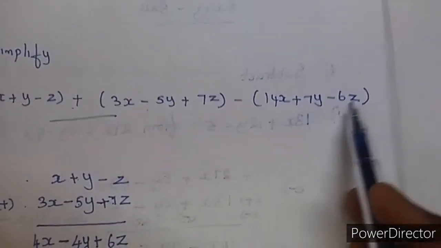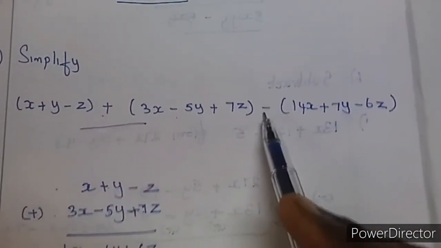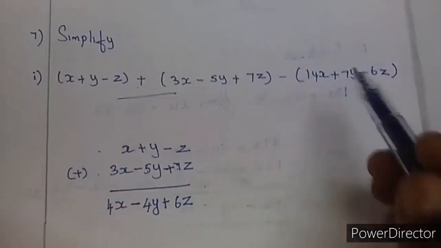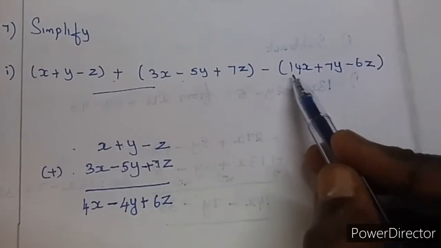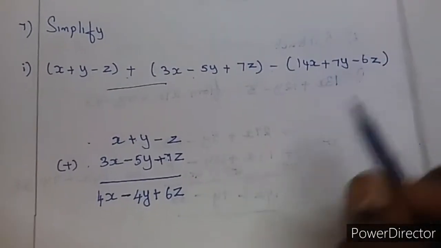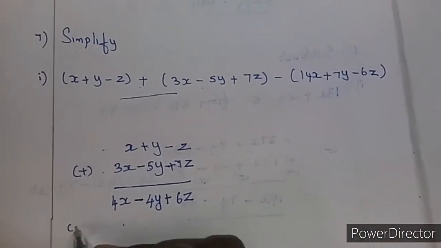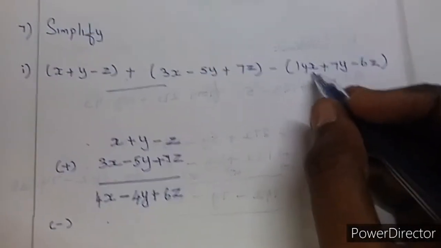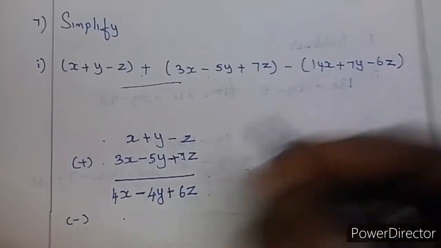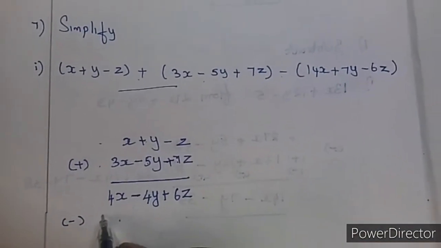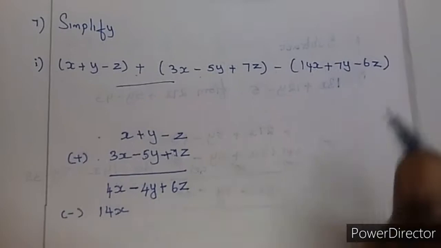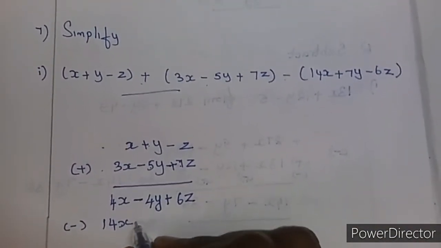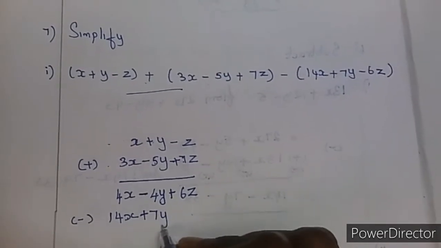In the third part, they gave that we have to subtract the given expression. So along with this answer, you take and arrange the given expression first, then we have to subtract it. So 14x, where we have to write under 4x, 14x. Next they gave plus 7y, under the term y we write plus 7y.